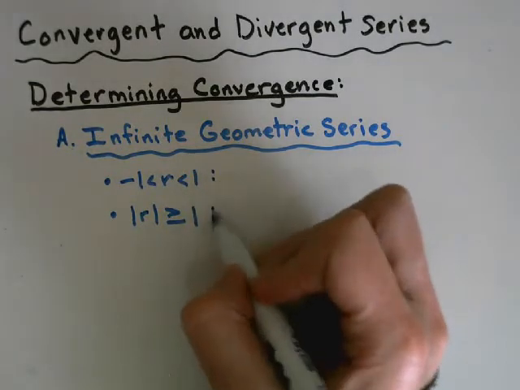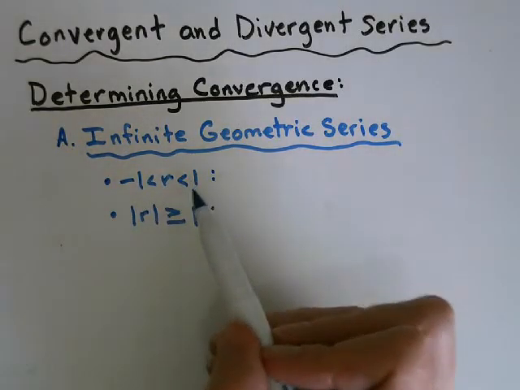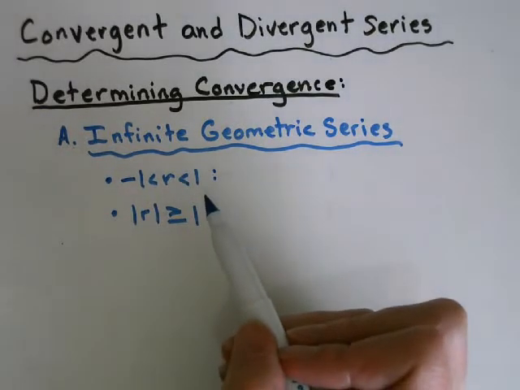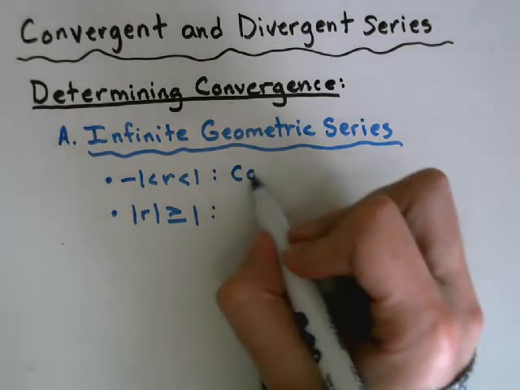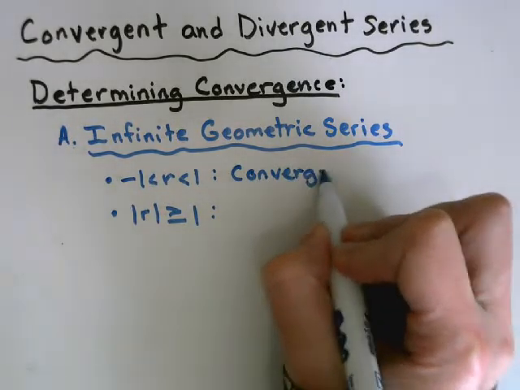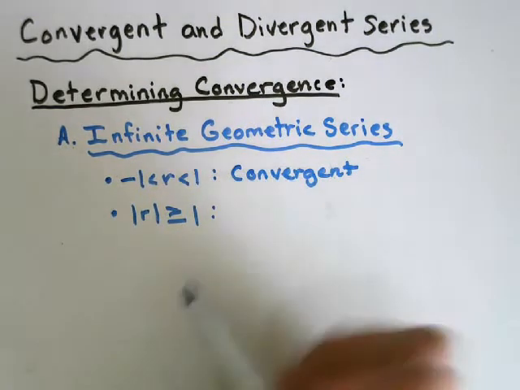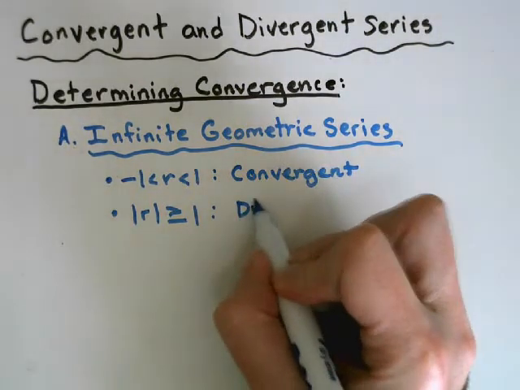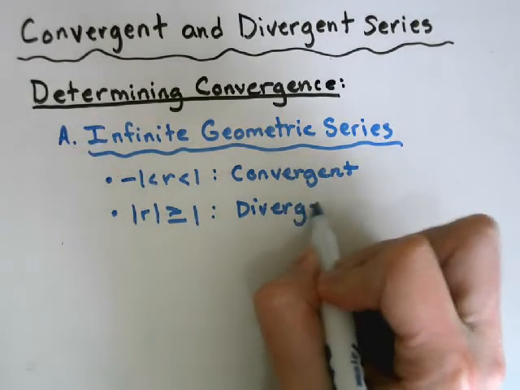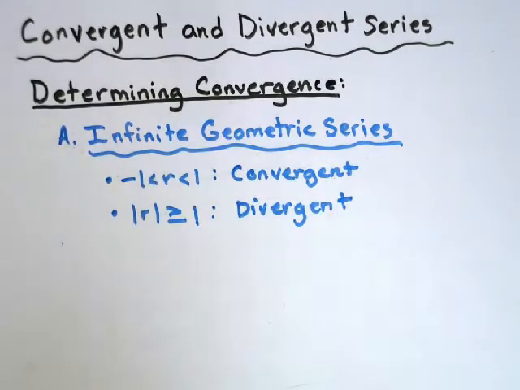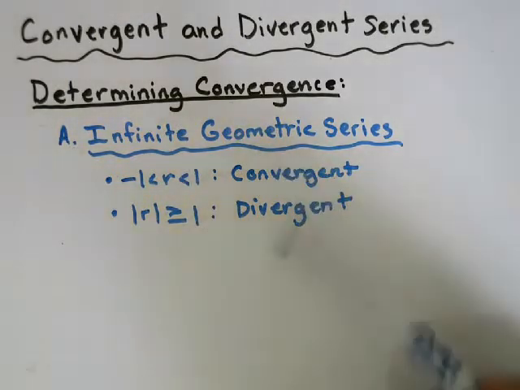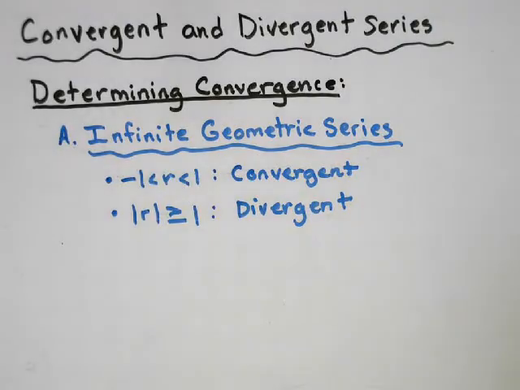In this first case, if the common ratio is between -1 and 1, we know we can find the sum, which means our series is convergent. If it is bigger than 1 or less than -1 or equal to either of those, we cannot find the sum, which means the series is divergent. So when you're asked to find the divergence or convergence of the series, if you can identify it as infinite geometric, all you have to do is identify what the common ratio is, and then based on that, whether it is convergent or divergent.